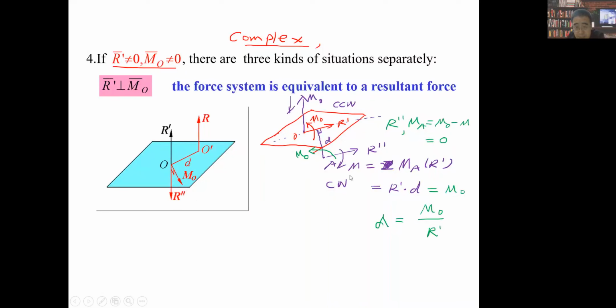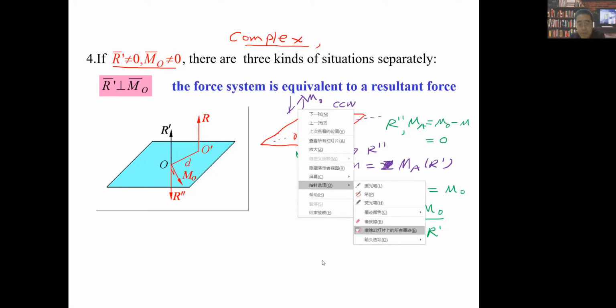Because if we select an appropriate M to balance this MO, our final result can be further reduced to just R double prime. But its action line will not go through this O, but through this point A. So can you guys understand that?